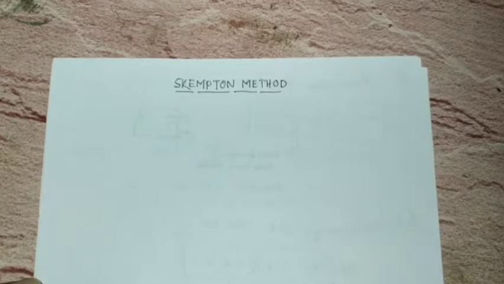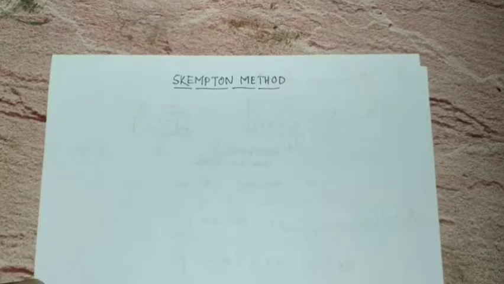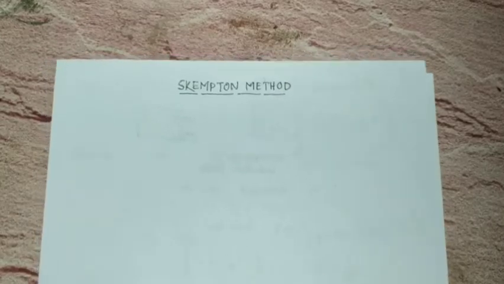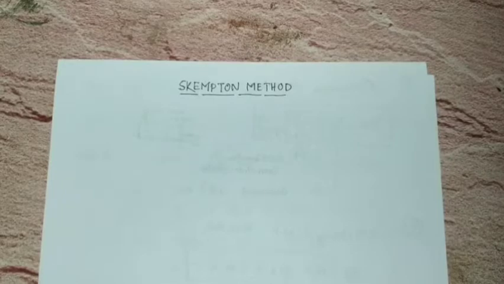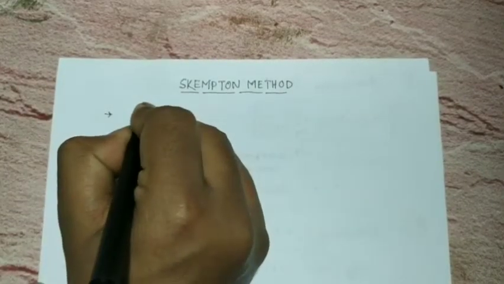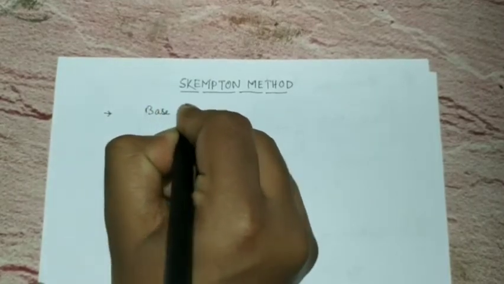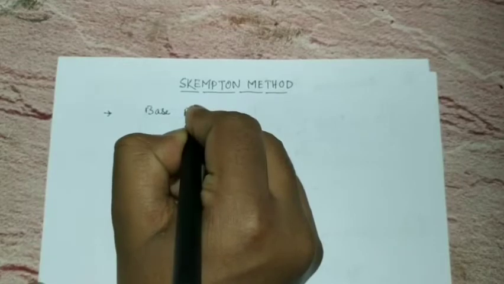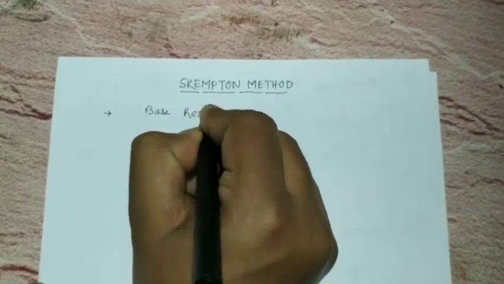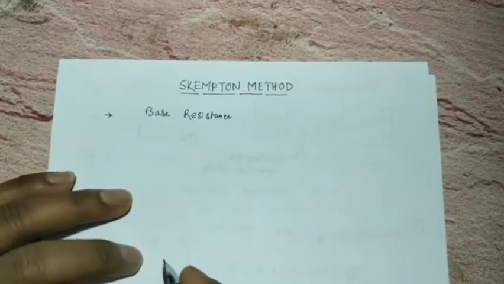So Terzaghi assumed only base resistance, but in the Skempton method, he assumed base resistance and side resistance both.